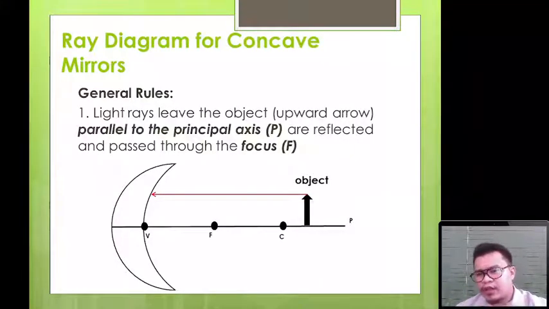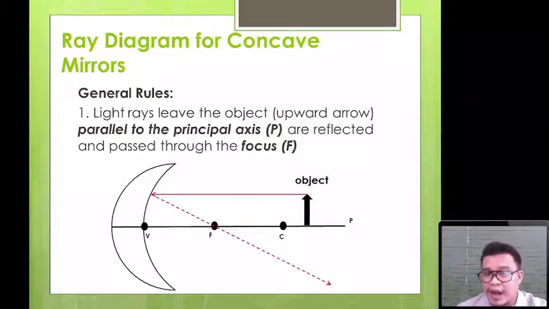You draw a straight line until you reach the surface of the mirror, and then once it reaches the surface of the mirror, it is now reflected. So it is now being shown as the dashed line here, or the dashed arrow, and we have to let it pass through the focus or the focal point.